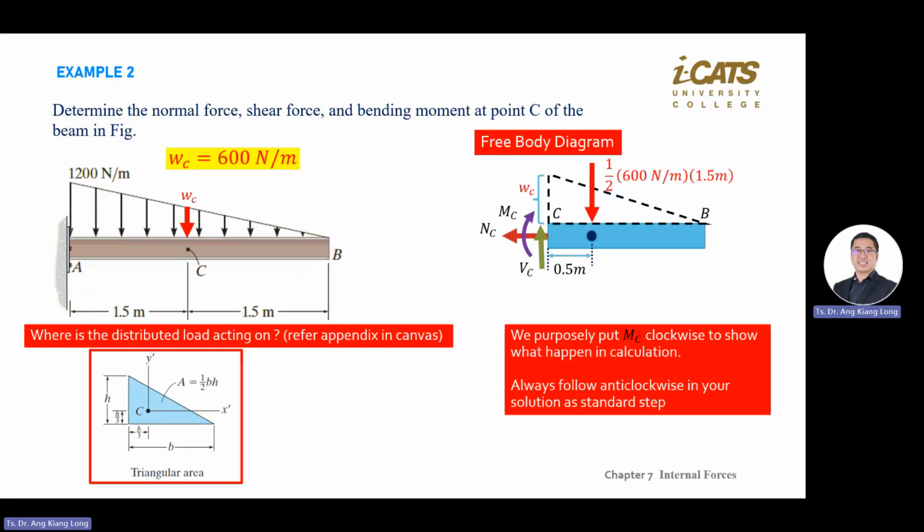If you refer to the previous notes I gave you, right hand side, we always have it like this. But in this example, I purposely flipped the direction to see what happens. This is just a highlight, you should always follow anti-clockwise, but in this case, we try to make an error. What happens if we make an error?